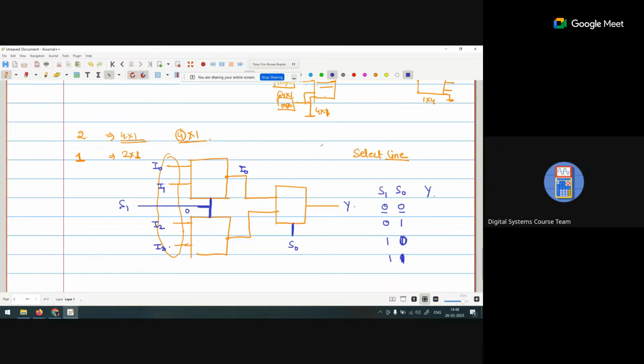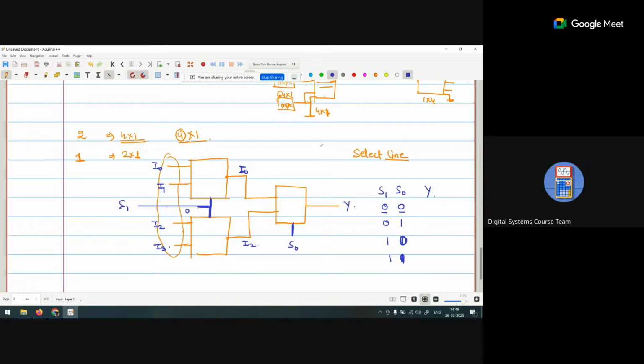I0. And what do we select from here? I2. Clear? How? If 0, the first input will be connected as output. If 1, the second input will be connected as output.